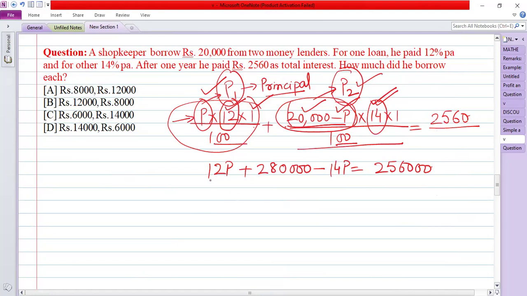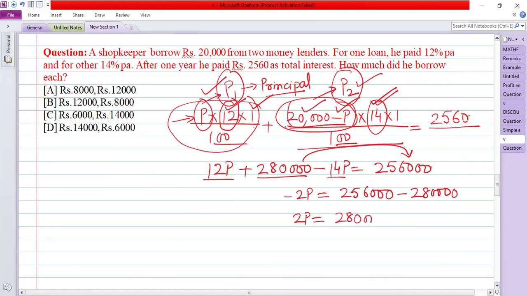Okay, so now 12p minus 14p is minus 2p. And now this 280,000 can go to this side. So 2560,000 minus 280,000. One may write it this way also, that 2p is 280,000 minus 256,000.